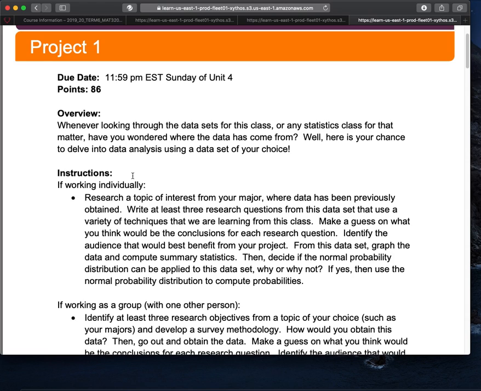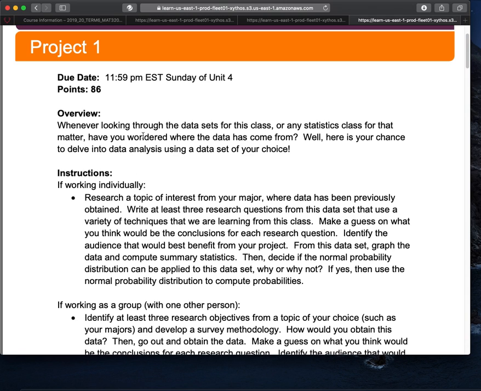But the idea of this, and this spans from Unit 1 here through Unit 4, is basically for you to either find a data set if you're working by yourself, or to create your own based upon these different objectives.